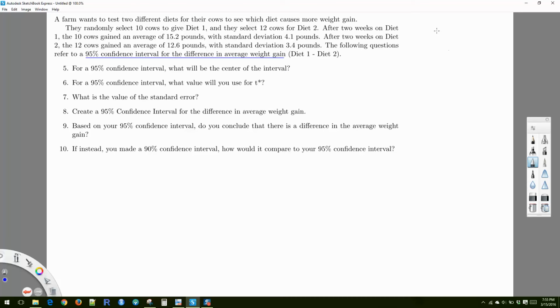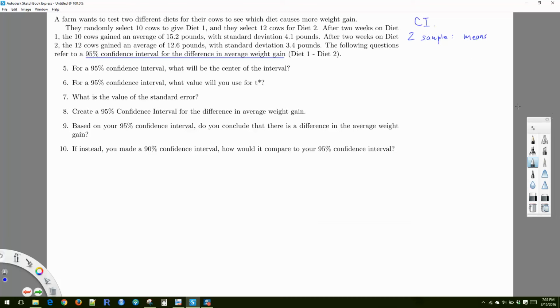Okay, so what do we have? We have a confidence interval. And are we dealing with means or proportions, and do we have 1 sample or 2? 2 samples, and we're dealing with means. So 2 sample means.